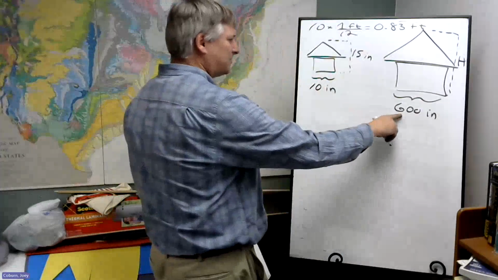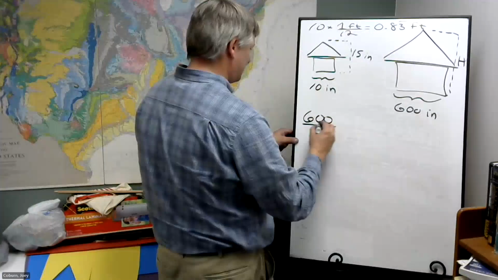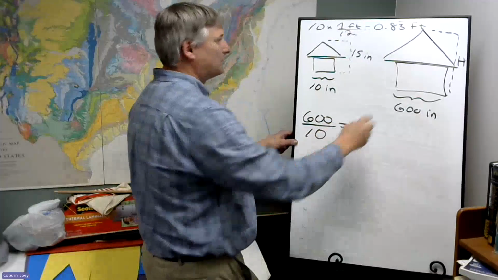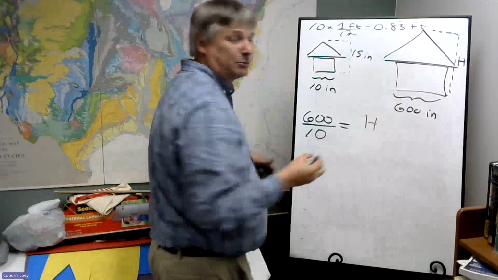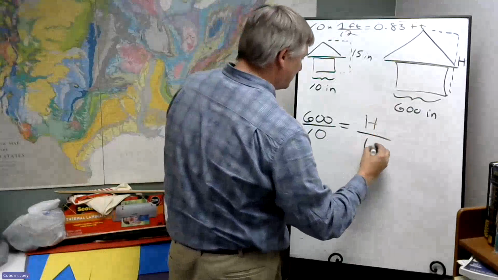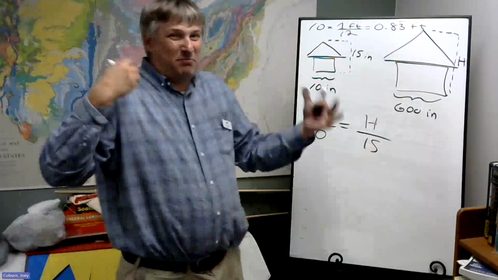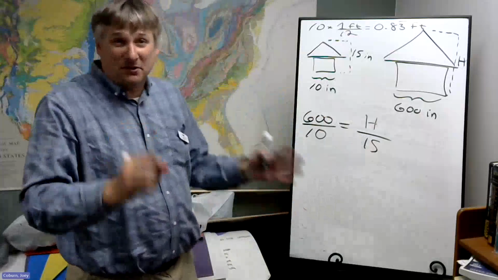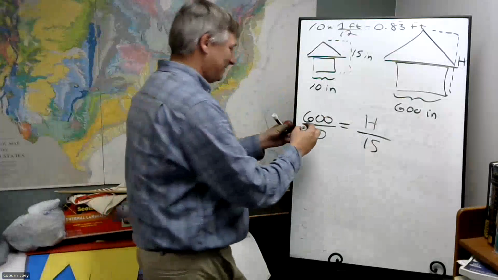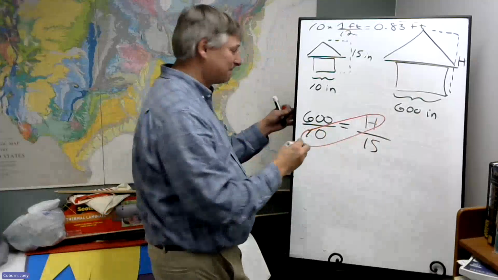So again, large base over small base equals large height, which we just happen not to know, over small height. And this is great because we don't have any repeating decimals to deal with. So this is a good way to go. It just requires that extra step at the end, the conversion.